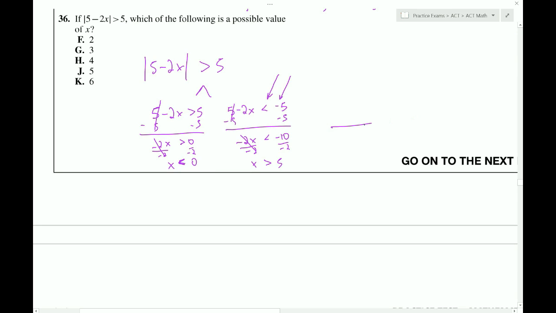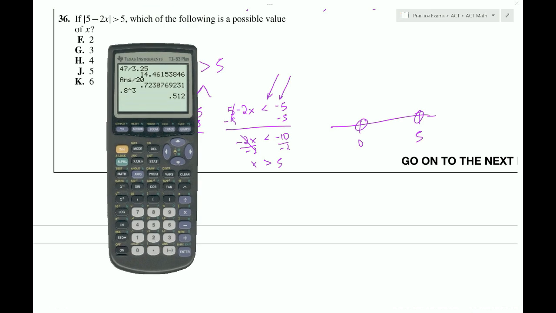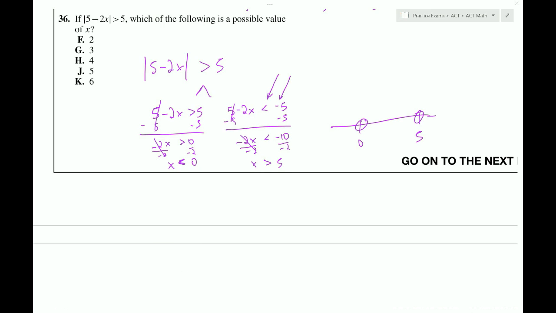Okay, so 0 and 5, open circles, and instead of shading inwards as we did before, we actually want to shade less than 0, which is this side here, and then greater than 5, which is this way here. So anything outside is acceptable, and the only one outside is this.